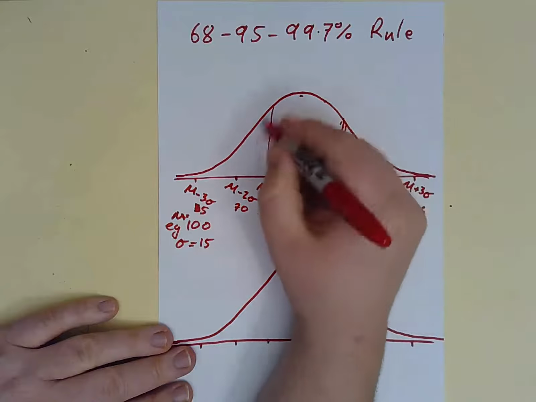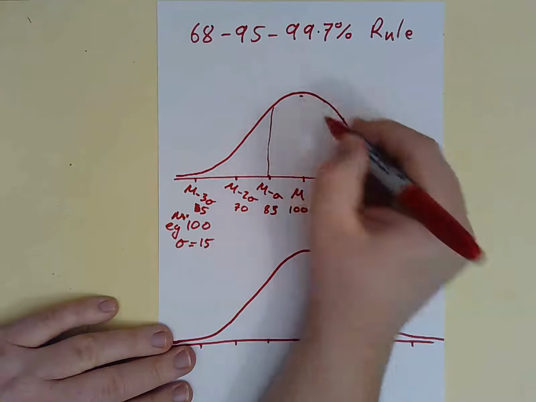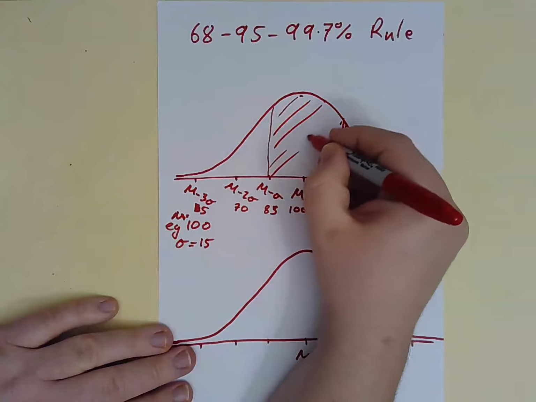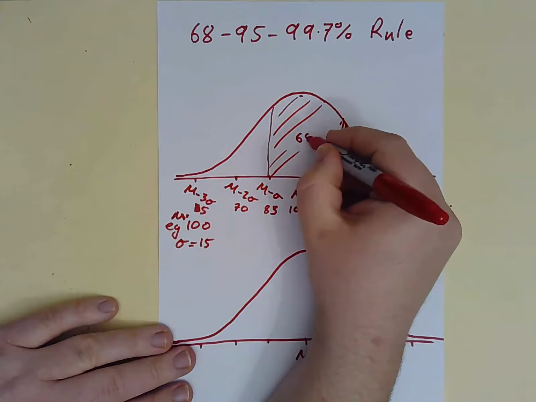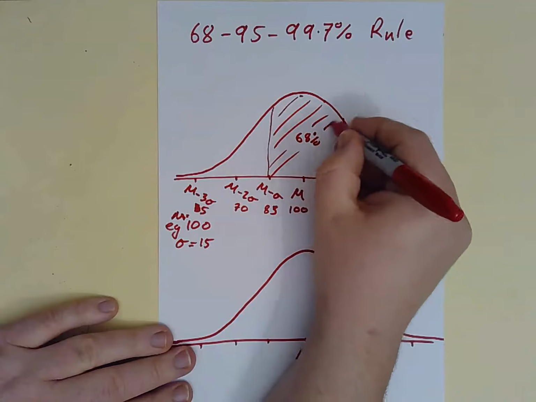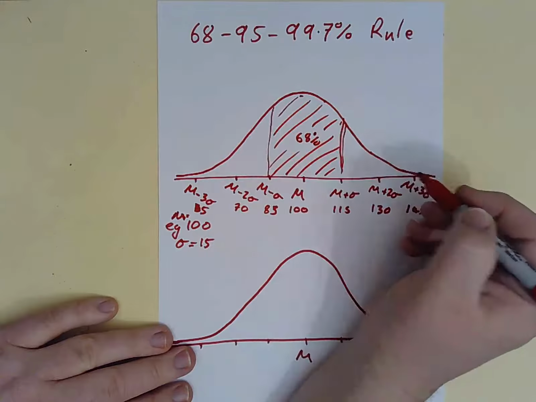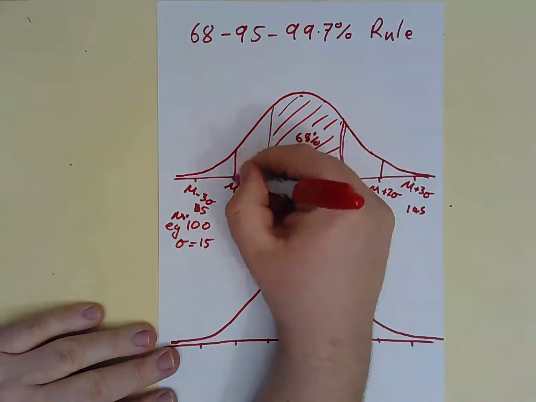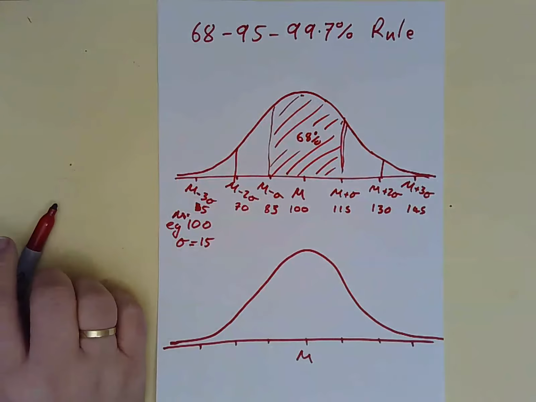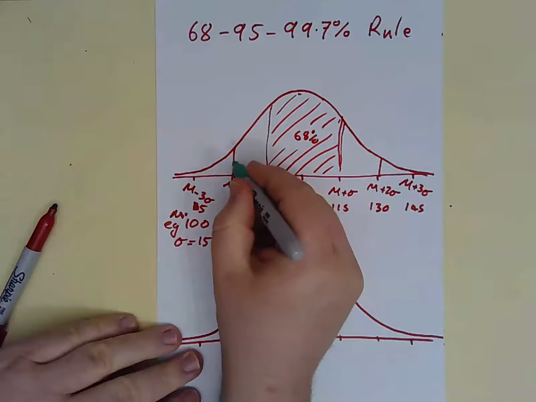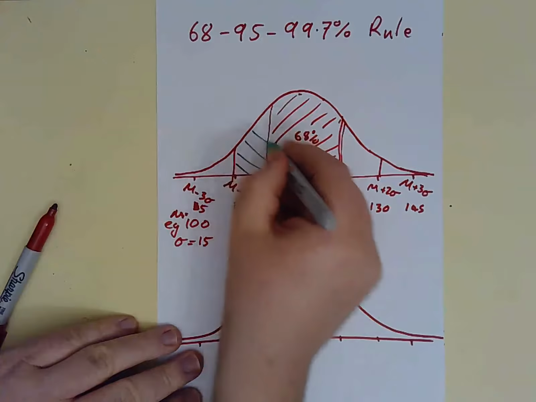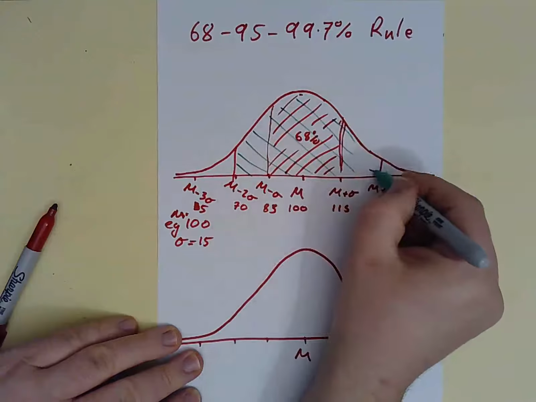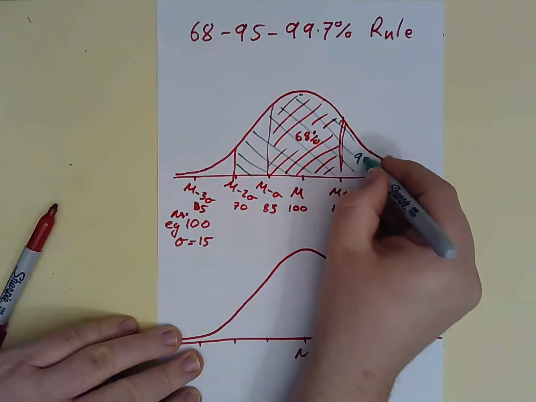This area here is 68%. Okay, and then if we go 2 standard deviations, maybe I'll just switch colors, that's going to be 95%.